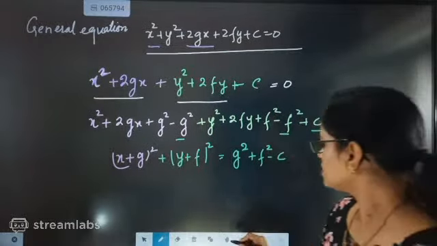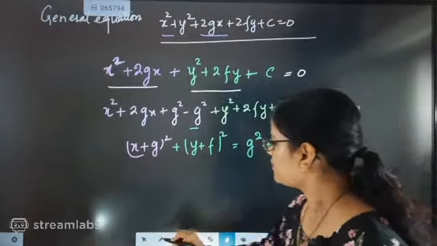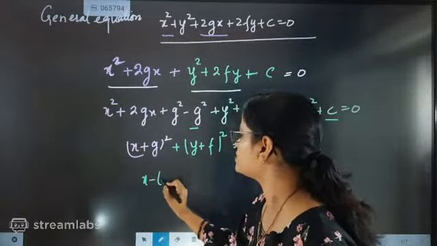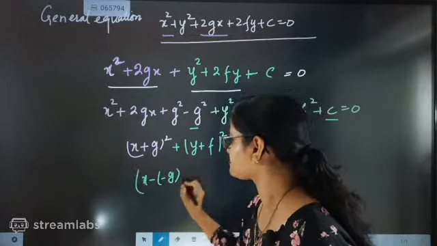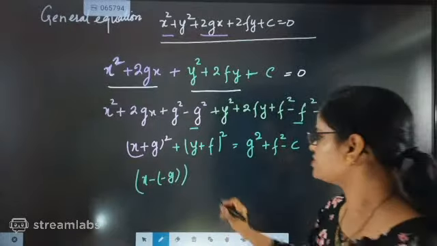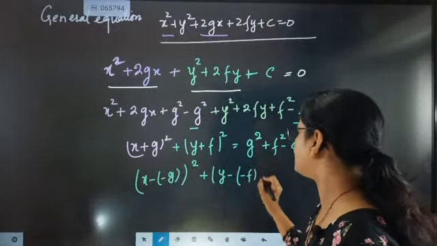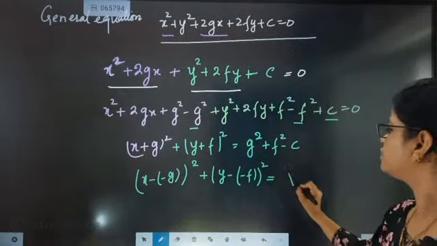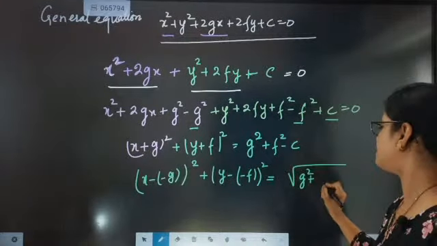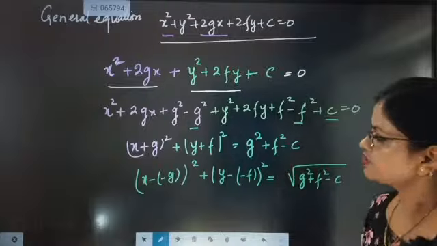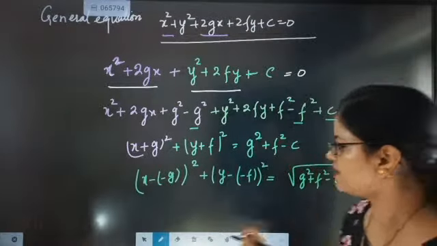That means x minus of minus g whole square plus y minus of minus f whole square equal to root under g square plus f square minus c. So now it is coming into our standard equation.